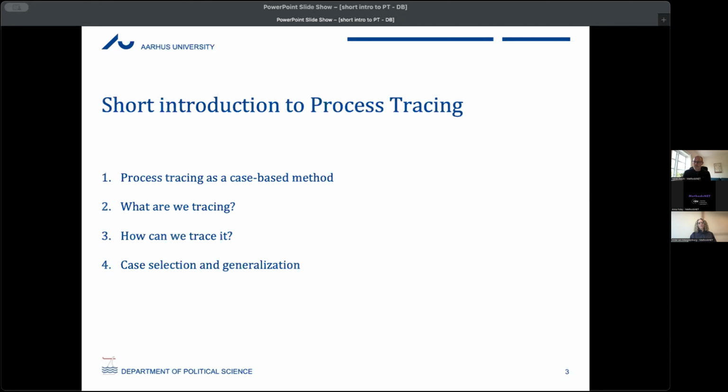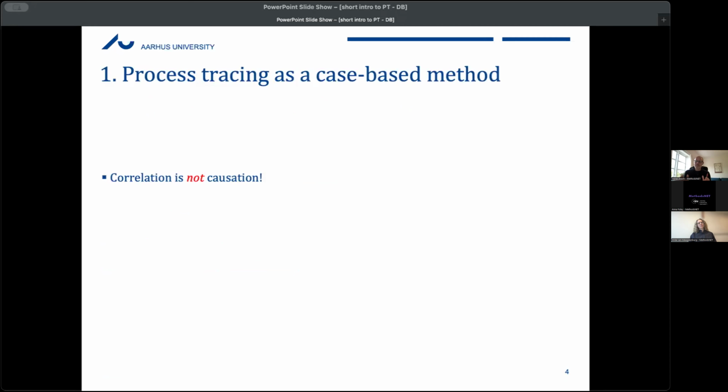I'll talk briefly about what we're tracing and, real briefly, about case selection, because that's both a huge issue and a huge discussion, but it's also very quickly summarized. So, briefly, process tracing is a tool to go beyond correlations.